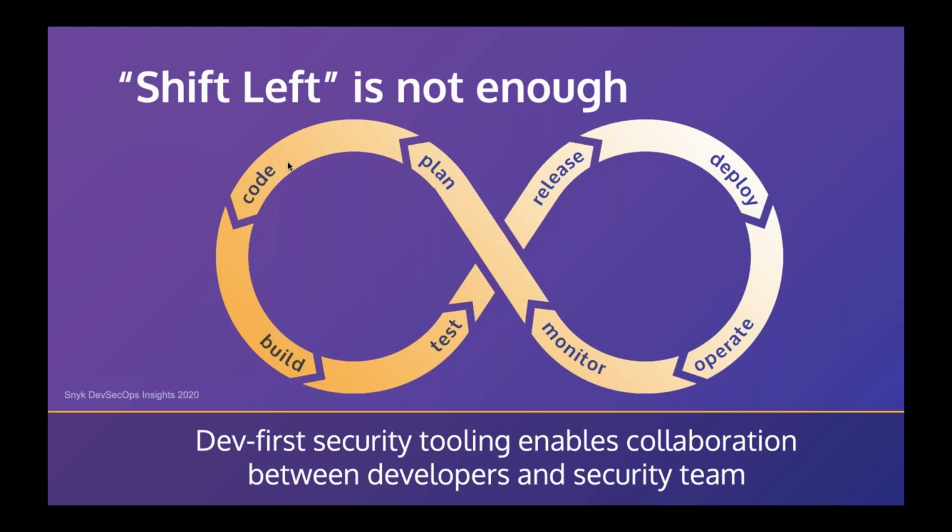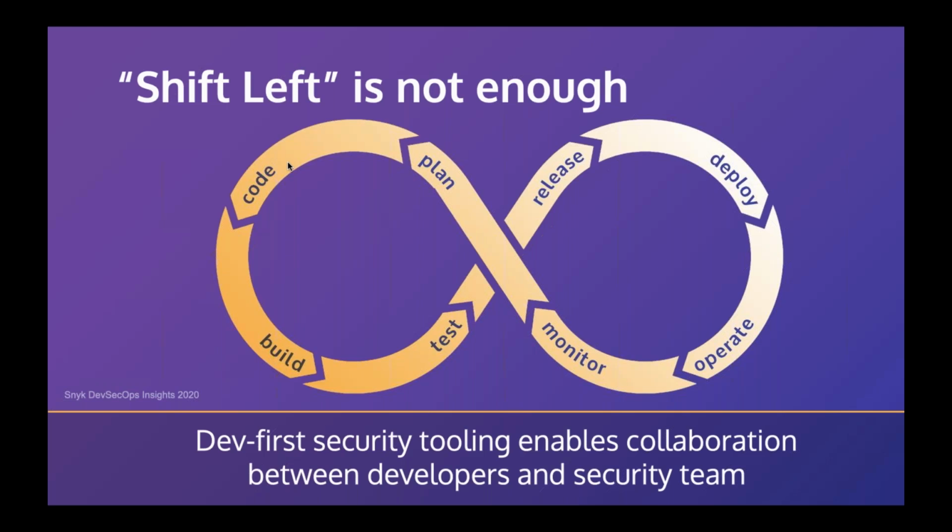So when we talk about shifting left, as Sandy and myself did before, there's a great question of, okay, we talk about the need for dev first tooling and the fact that it enables collaboration, but what are the real pains in how that's seen?